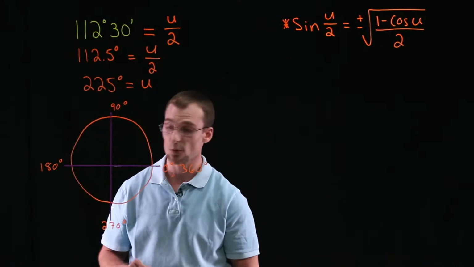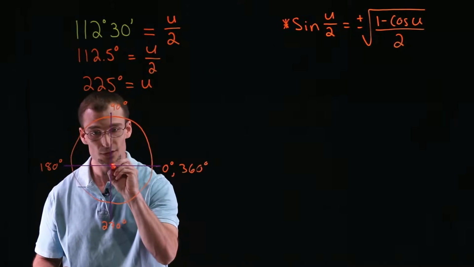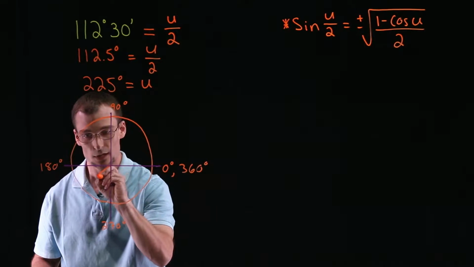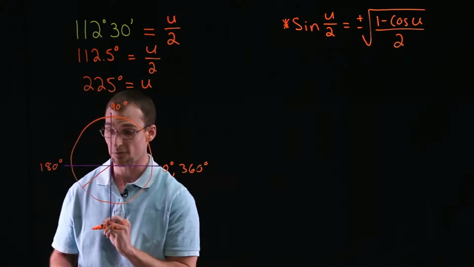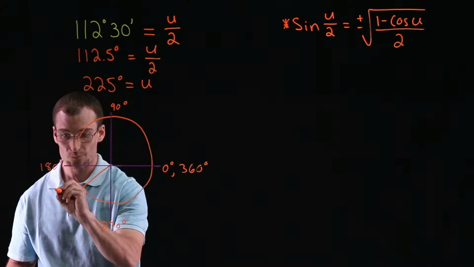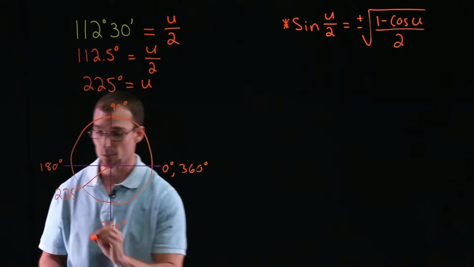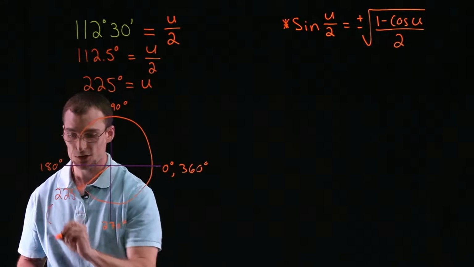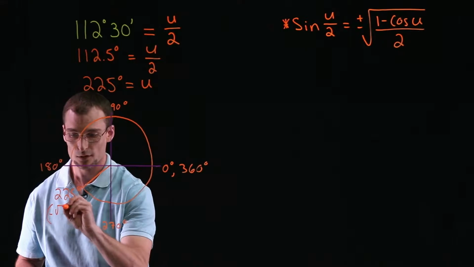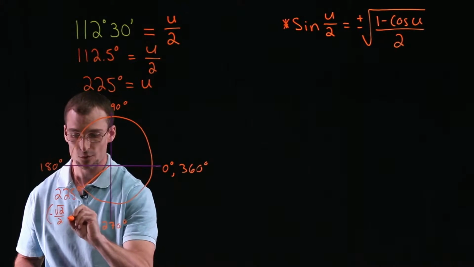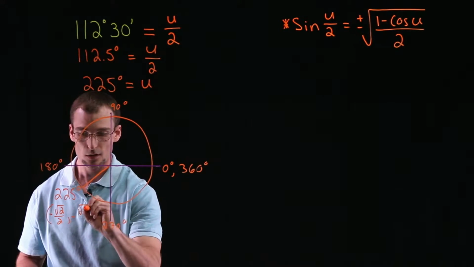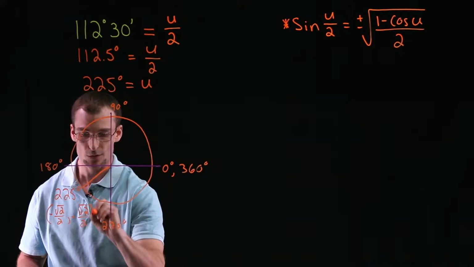So the angle 225 degrees, we know sits right in our third quadrant. Essentially, it's the equivalent of 5 pi over 4. And it'll come up in a little bit that we'll need our sine and cosine values, which are negative root 2 over 2 and negative root 2 over 2.